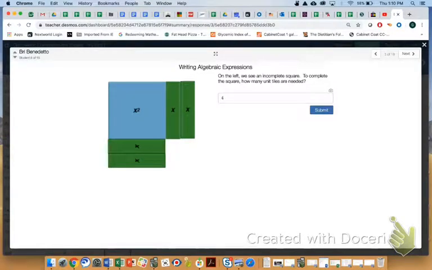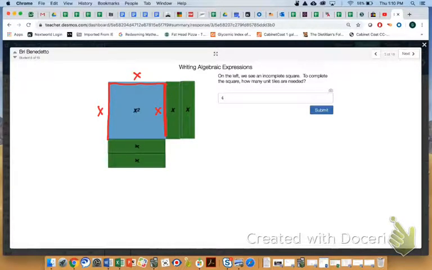If that blue square is x squared, doesn't that mean that this right here is x long, and this up here is also x long? Isn't the area of a square just side times side? So if the blue square has an area of x squared, that means it's x times x. Wouldn't that mean that this dimension right here also has to be x?